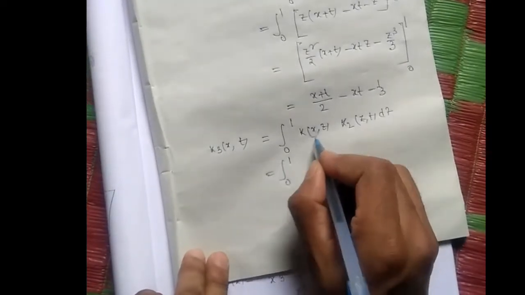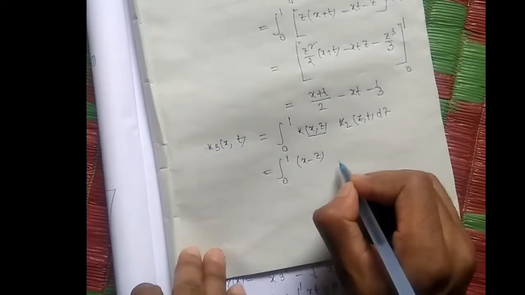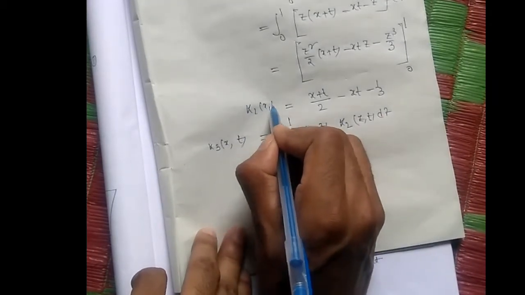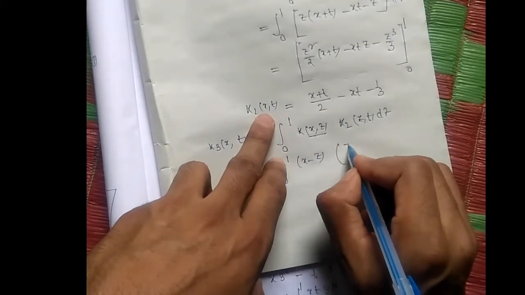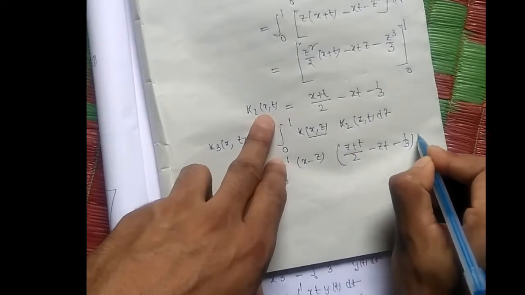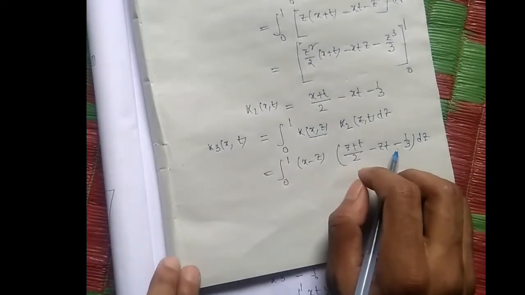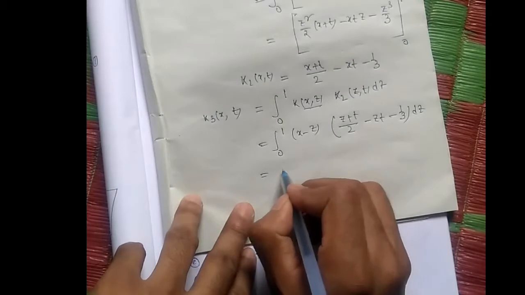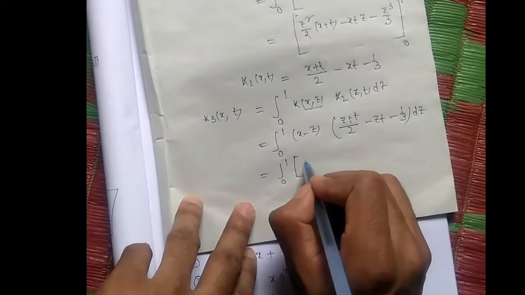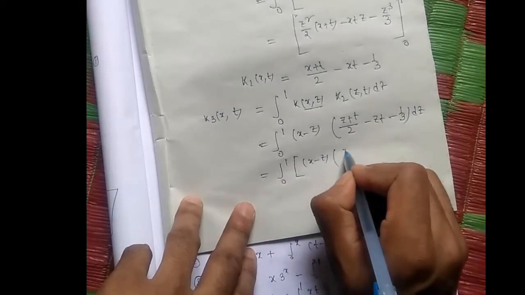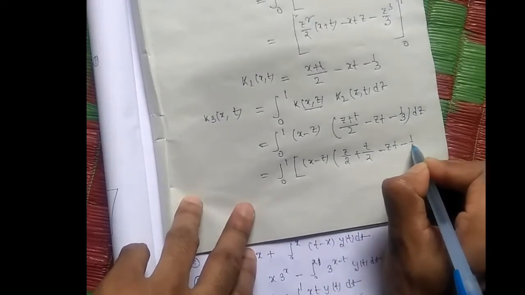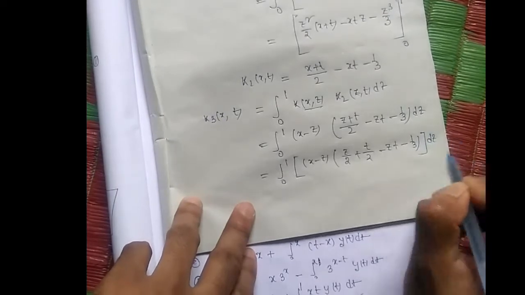This is the integration from 0 to 1 of (x minus z), and since K2(x,t) is this, K2(z,t) is nothing but (z plus t) by 2 minus zt minus 1/3, dz.